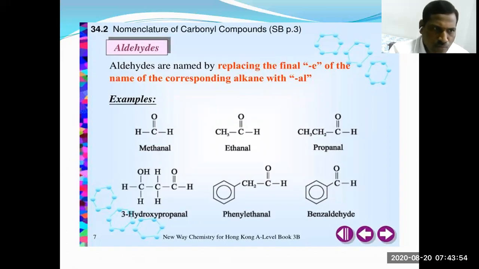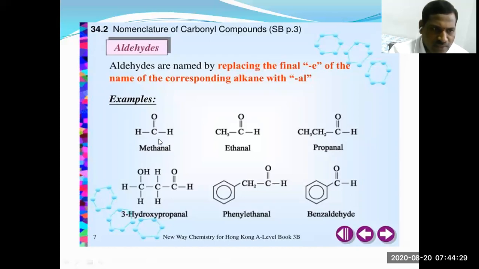Nomenclature of carbonyl compounds. For aldehydes, aldehydes are named by replacing the final E of the name of the corresponding alkane with al. You can get the IUPAC nomenclature of aldehydes. See here, a compound having one carbon.